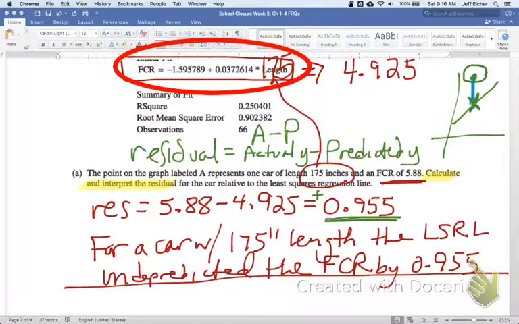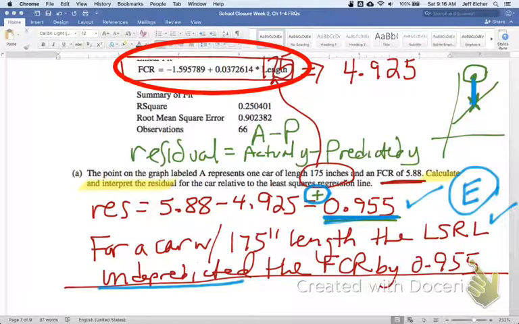Make sure that you identify either that the point is above the prediction or that the line is under the point. You need the magnitude and the direction. It's like a vector. Magnitude, the value itself, and the direction, that it's a positive direction. So if you can get the interpretation correct and the value correct, then that would be an E. So 1 out of 4 points on the investigative task is pretty good.